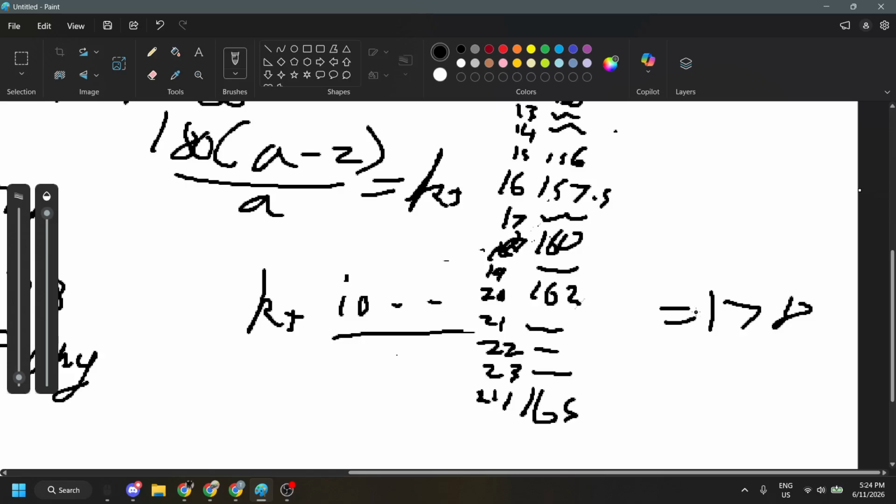This plus this is 200, 300, wait, 180 plus 160 is not going to be what we need. 180 plus 160 is 340, which is 170.